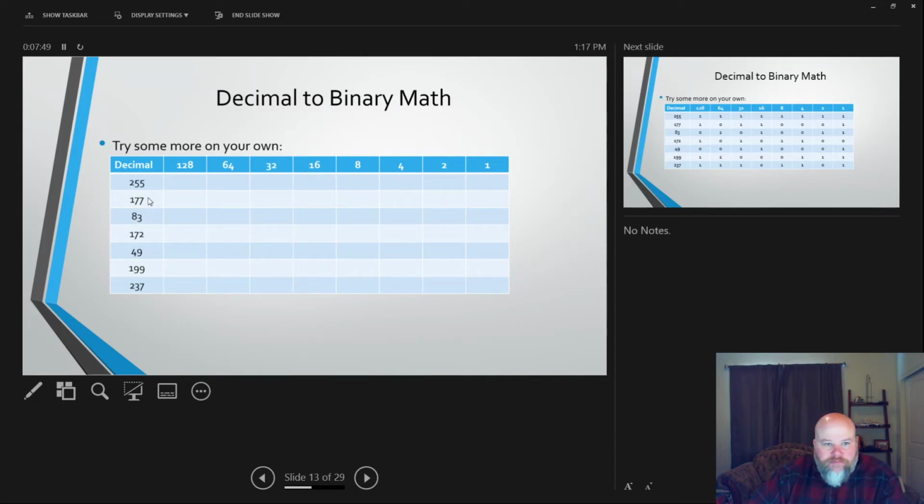177. Can we subtract 128 from 177? The answer is absolutely we can. So that gets turned on. And 177 minus 128 gives us a remainder of 49. So 49. Can we subtract 64 from 49?